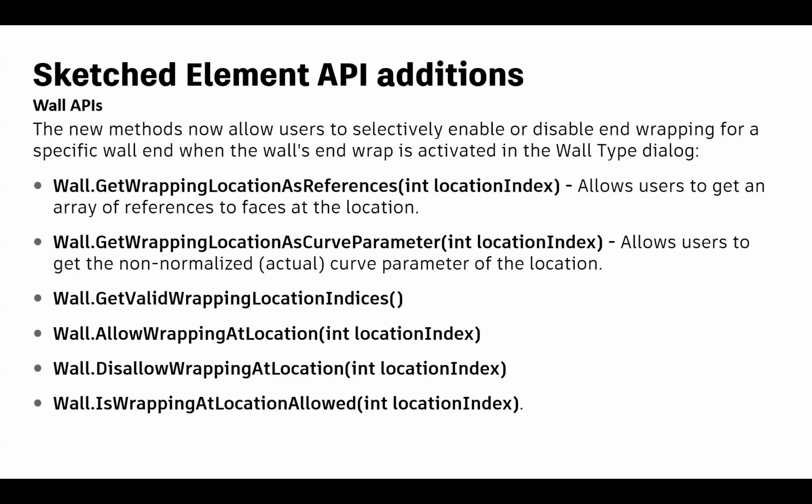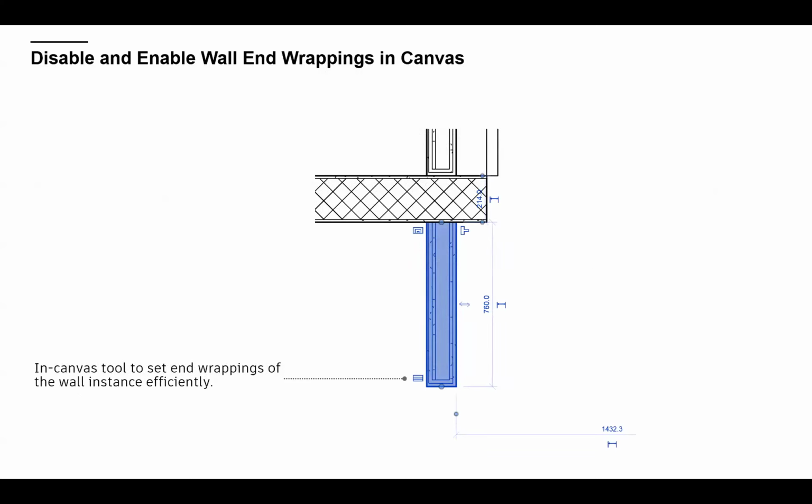So basically it can be an arbitrary number of wrapping locations. Therefore, we now have new methods: GetWrappingLocationAsReferences, GetWrappingLocationAsCurveParameter, GetValidWrappingLocationIndices, AllowWrappingAtLocation, DisallowWrappingAtLocation, and IsWrappingAtLocationAllowed. That's how it looks in Canvas.